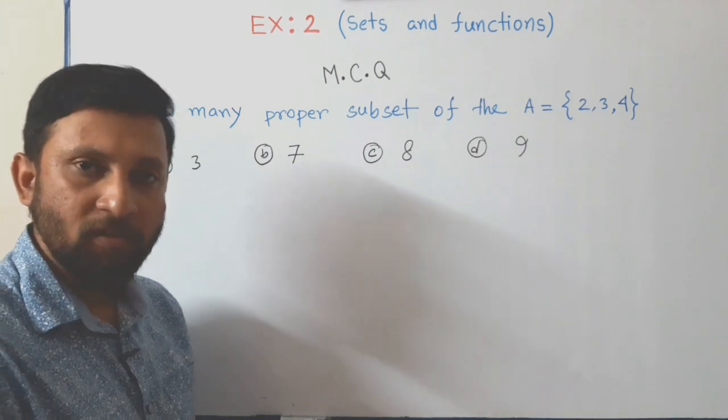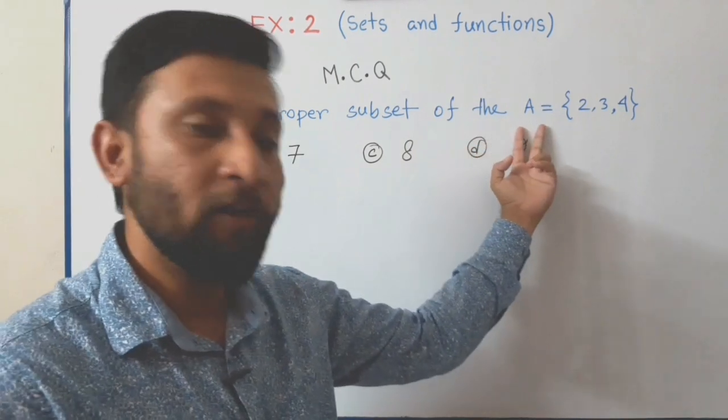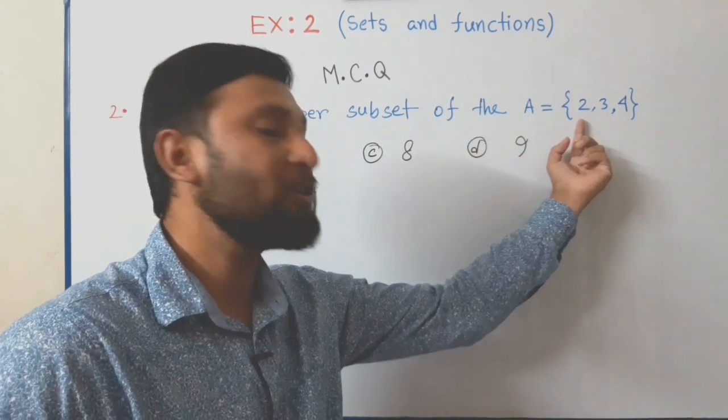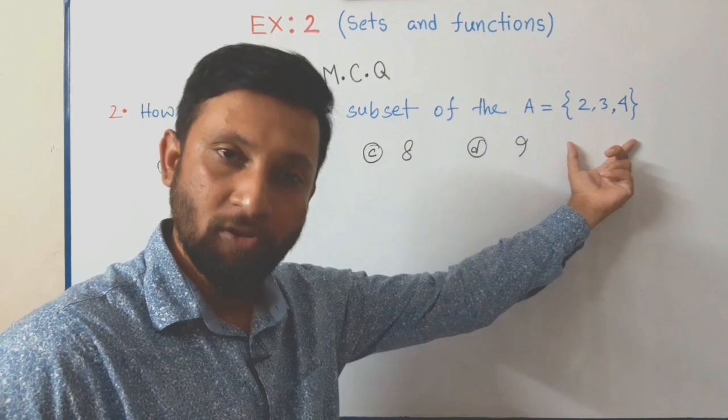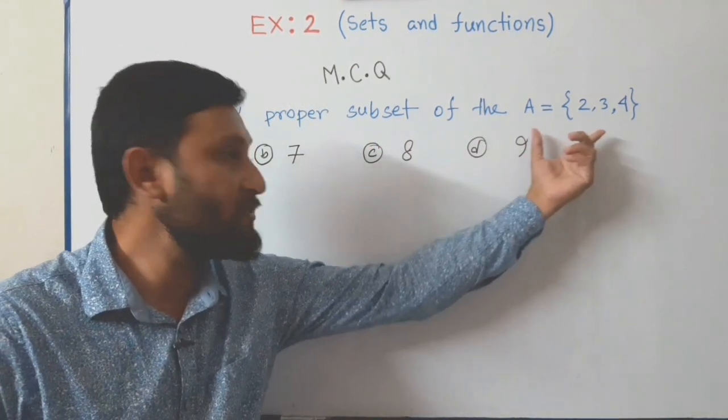Now next question. The question is, how many proper subsets does the set A have, where set A has a total of 3 elements, 2, 3, 4. We have to identify the number of proper subsets of this set.